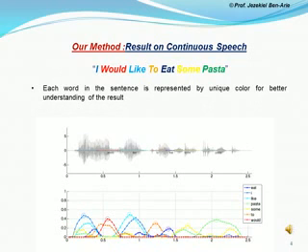Here, I is represented by blue, would is represented by red, like is represented by sky blue, to is represented by orange, eat is represented by dark blue, and some and pasta are represented by yellow and green respectively.